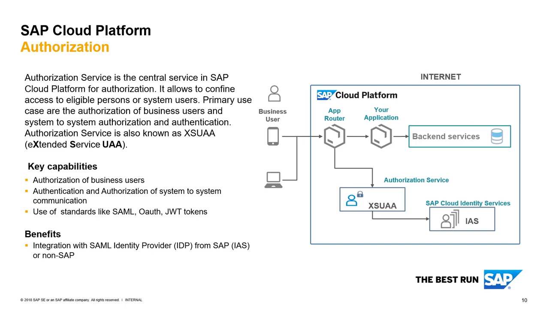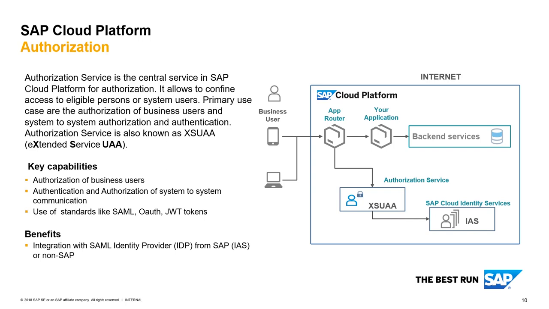First, we have the authorization service, which is the central service in the SAP Cloud Platform for authorization. It allows you to configure access for eligible persons or system users. Primary use cases are the authorization of business users and system-to-system authorization and authentication.